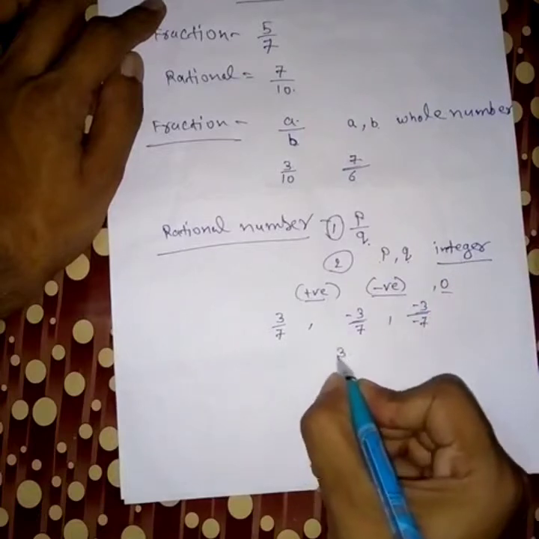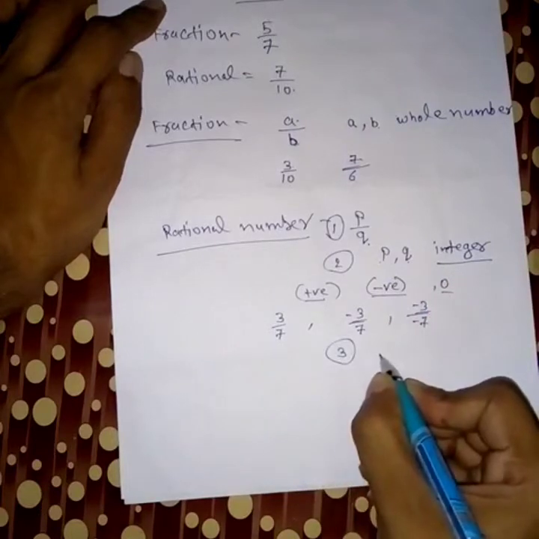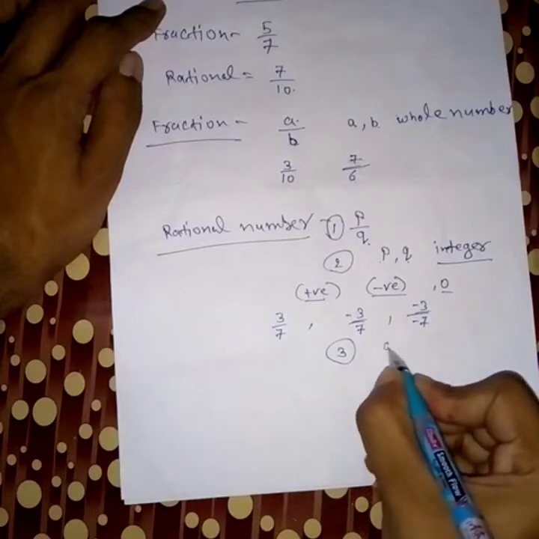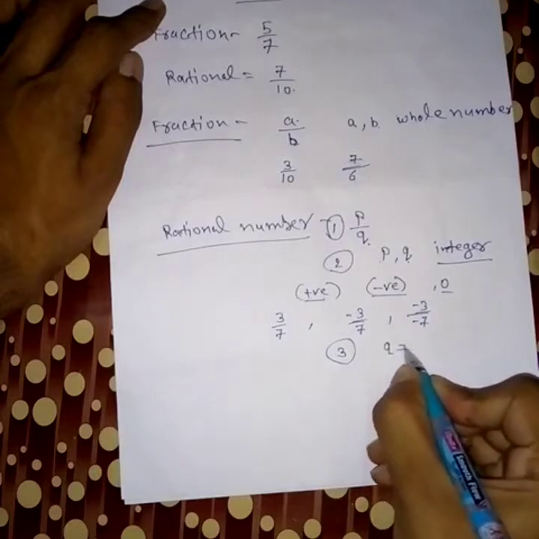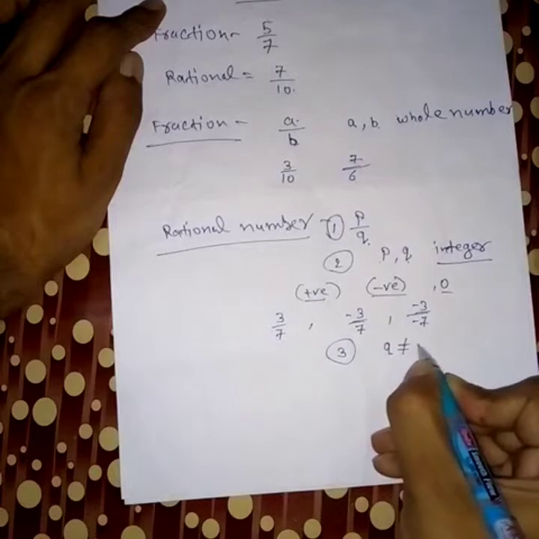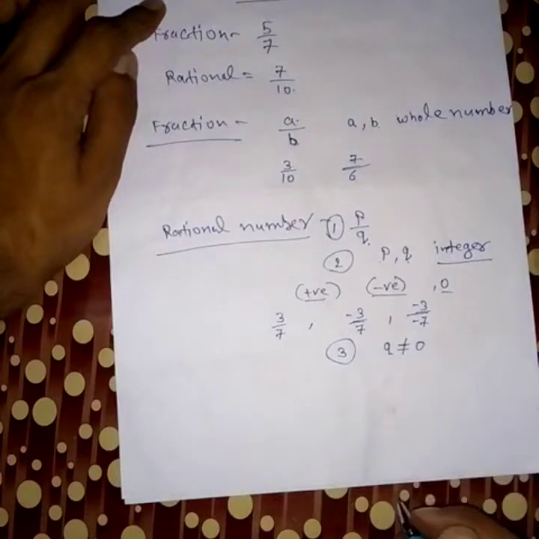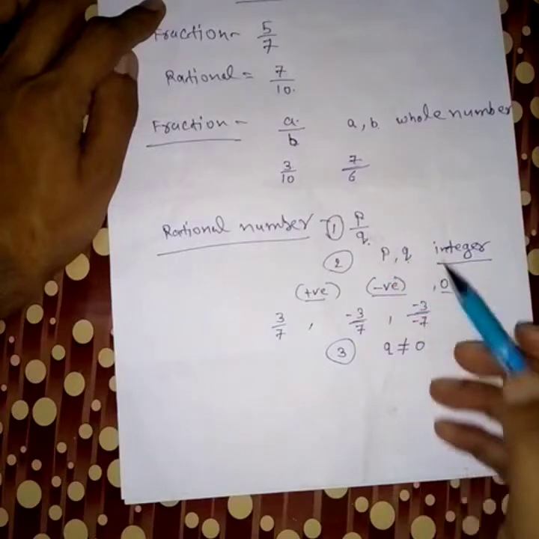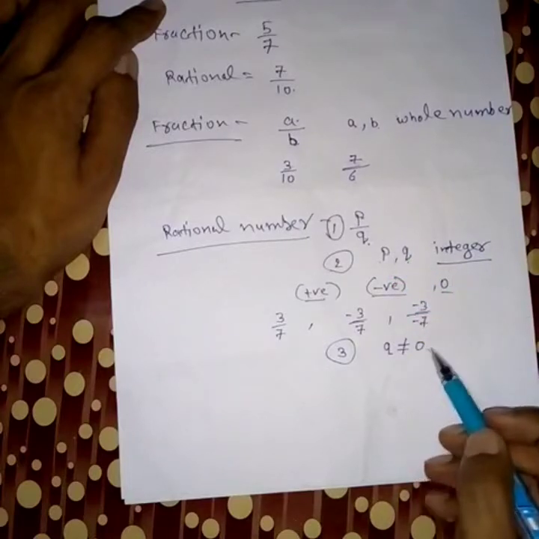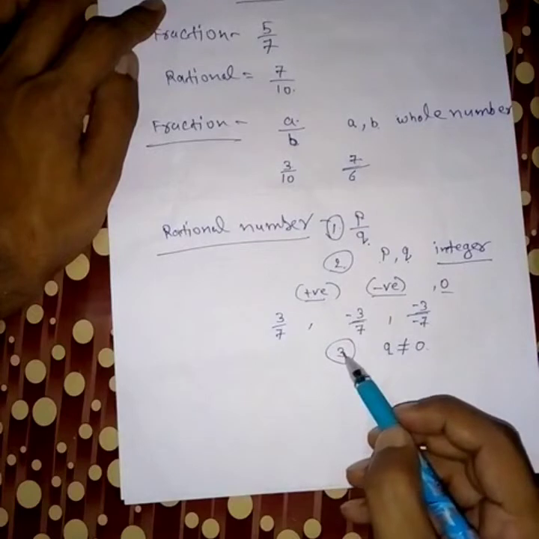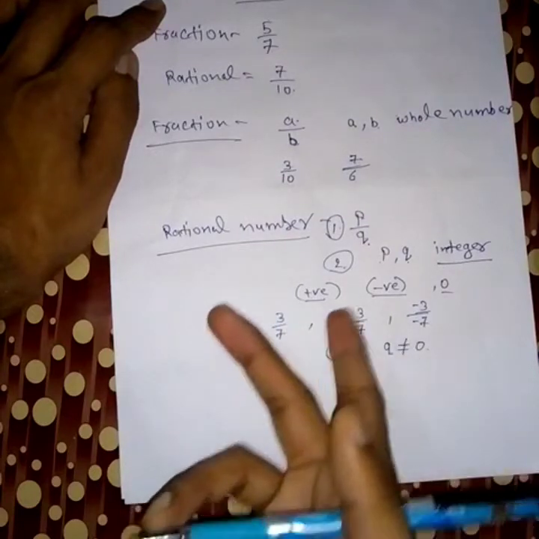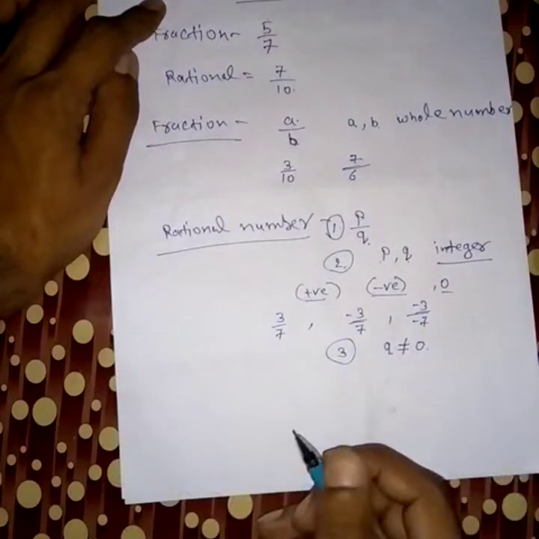And third thing we have to identify, q should not be equal to 0. That means the denominator cannot be 0. So if these three qualities are present in the number, then we call it a rational number.